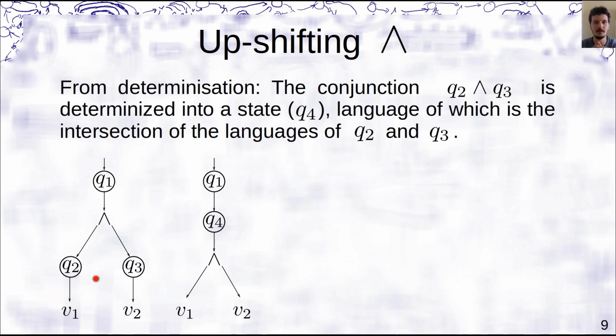The language of the deterministic state is an intersection of the languages of the two original states. Therefore, it transitions into a conjunction of the transition formula of the two states. You can see that we have shifted the two states Q2 and Q3 above the conjunction, forming a new compound state Q4.